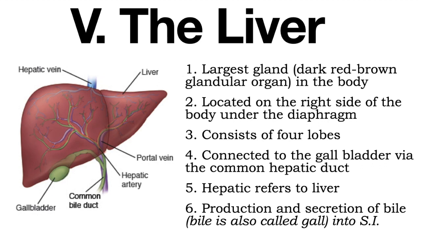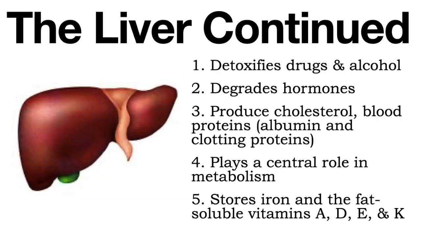So anything that was in the stomach and the small intestine and the large intestine absorbed through the villi and microvilli, absorbed the nutrients into the blood. The blood then sends it to the liver, and the liver is going to detoxify. So you can actually have a very fatty liver because it's detoxifying fats, drugs, alcohol, and you can have liver failure if you're taking in too much.